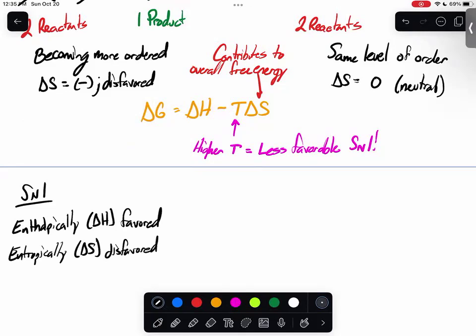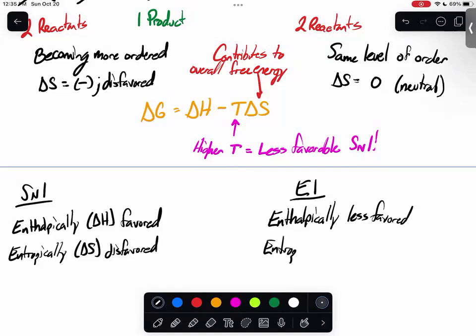E1 by comparison, enthalpically, keep in mind it is technically still favorable, but it's less favored when compared to SN1. But entropically, it is more favored when compared to SN1. So what this does is the delta G's actually end up being incredibly similar, right?